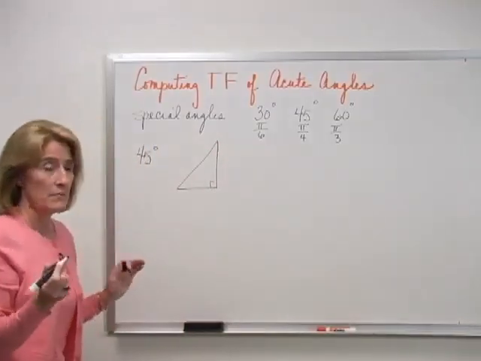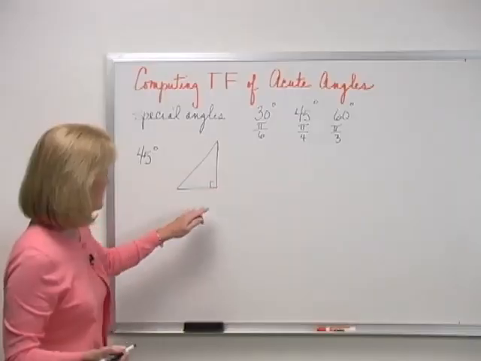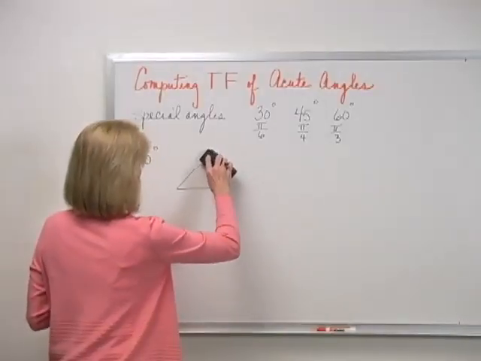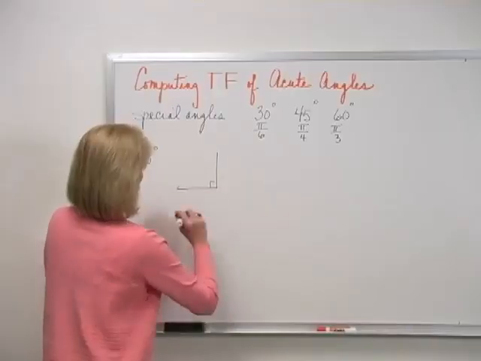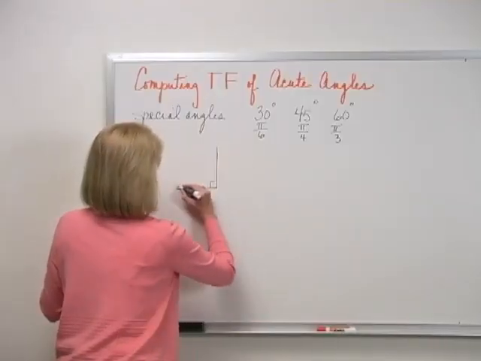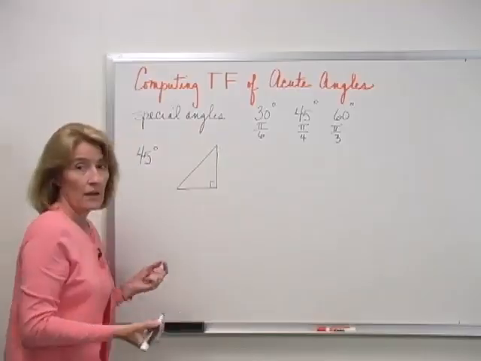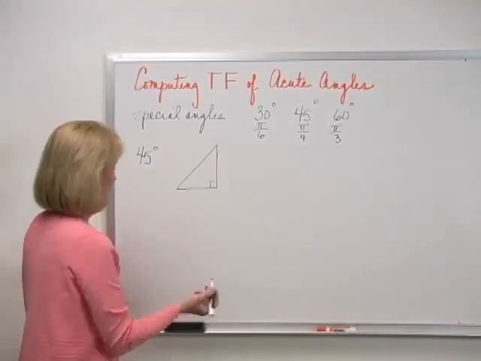Now, it really doesn't matter what the length is of these 2 sides as long as they are the same. So for convenience sake, I will just say that the length of each side is 1.